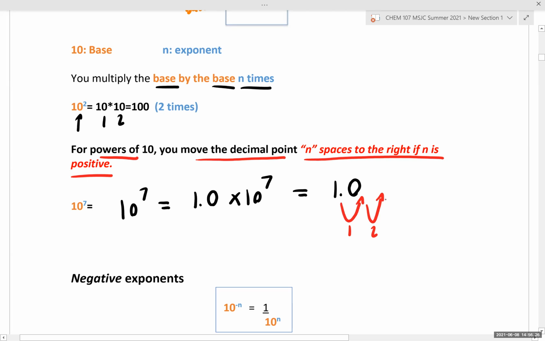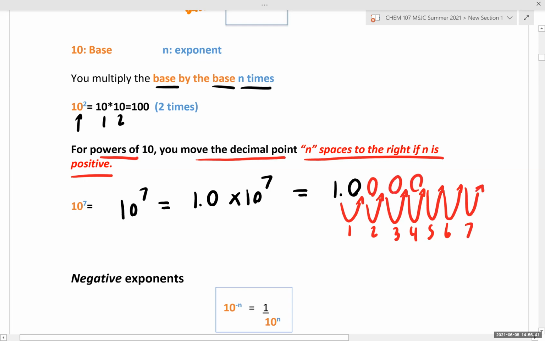So let's write that out. 1, 2, 3, 4, 5, 6, 7. And each time we're going to put a placeholder 0. So 1, no placeholder 0. 2, now we put a placeholder. 3, placeholder. 4, placeholder. 5, placeholder. 6, placeholder. 7, placeholder.